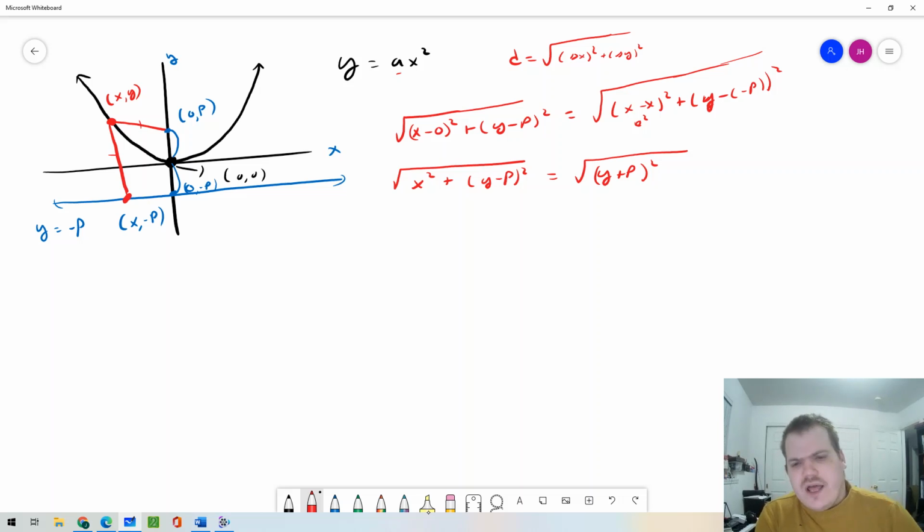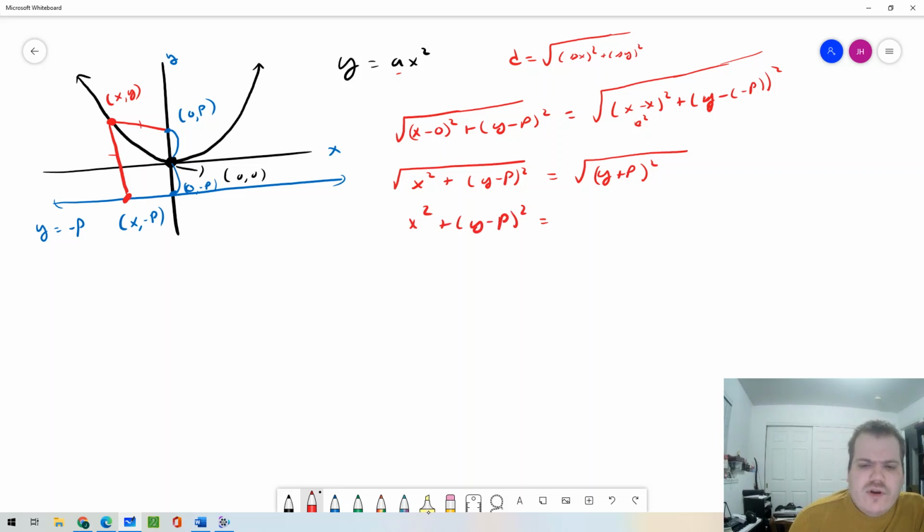If I square both sides, both of these square roots are going to cancel out. So this is going to be x squared plus y minus p quantity squared is equal to y plus p quantity squared. And I'm going to FOIL both of these. So we get x squared plus y squared minus 2py plus p squared is equal to y squared plus 2py plus p squared.